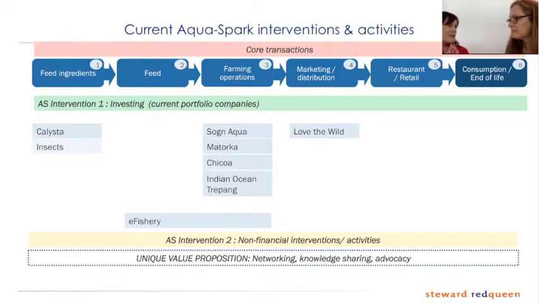And we're actually stumped there. That's what we've just started with Stewart Red Queen, trying to figure out. And I wanted to point out that they're taking a super interesting approach, very different than we're taking with our foundation. Stewart Red Queen actually is taking a much more commercial approach to measuring impact.